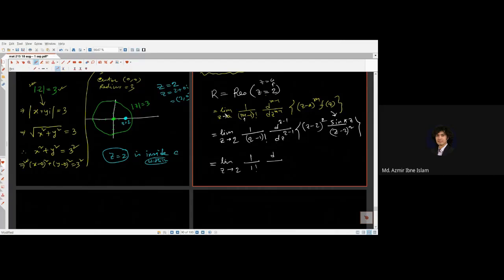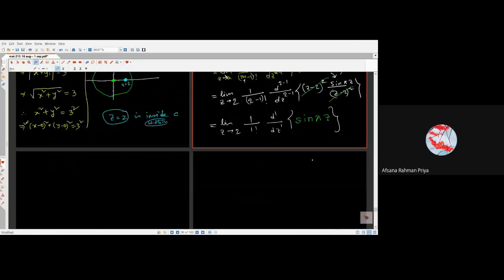And here 2 negative 1 means d power 1 over dz power 1. So we have z negative 2 squared, z negative 2 squared. Before differentiation we can simplify, since this part and this part are the same, so we have just sine pi z. Is that okay? Yes, sir.